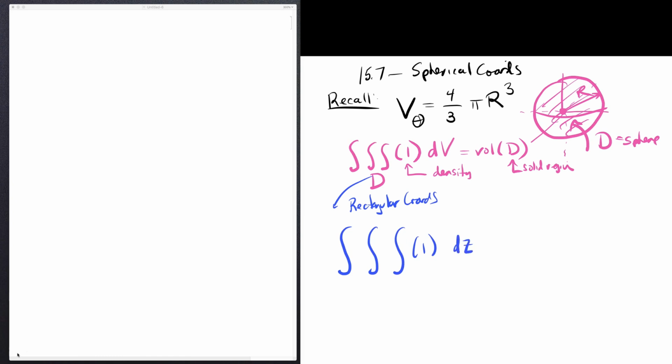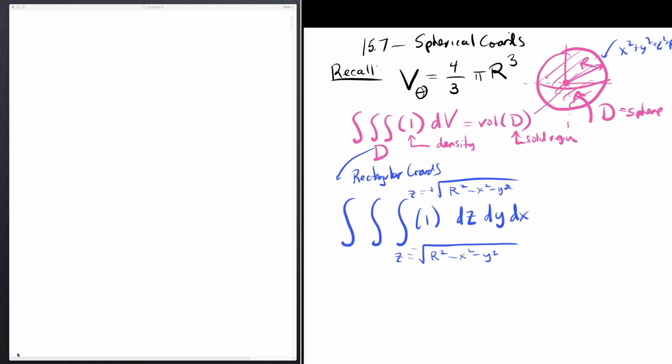You've decided to do dv, which is dz, dy, dx. Z would go from the bottom part of the sphere. This is a sphere of x squared plus y squared plus z squared equals r squared. So you would have to go from the bottom part of the sphere, negative square root of r squared minus x squared minus y squared, up to the positive part of the sphere. This is what you're looking at if you want to stay with rectangular coordinates.